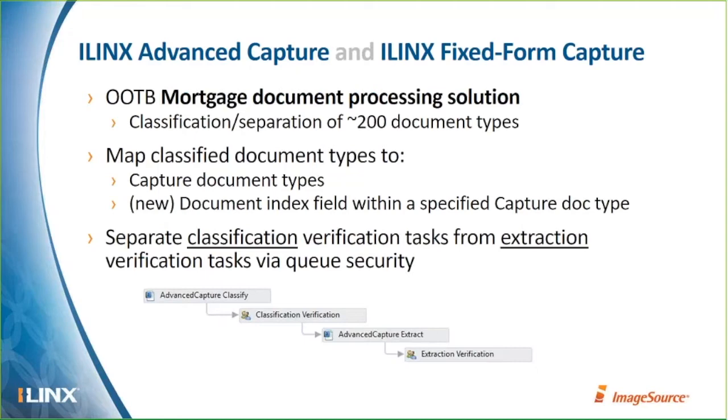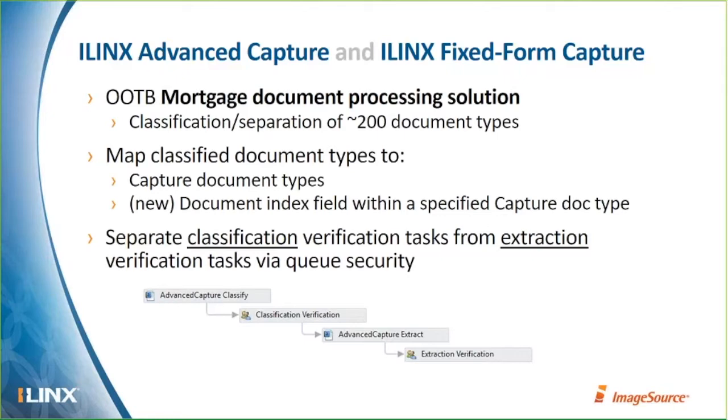We've enhanced our Advanced Capture IXM that you use in your workflows to now allow you to map these document types that are coming back from Advanced Capture into a document field. So if you think about a mortgage solution that could return 20 or 30 or 40 documents within a mortgage batch, and they could be 200 different document types, if I had to create 200 different document types in Capture, that'd be quite a bit of work.